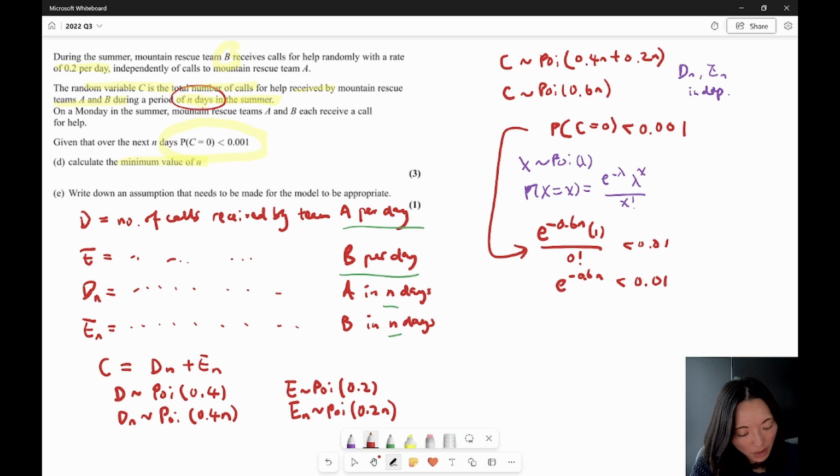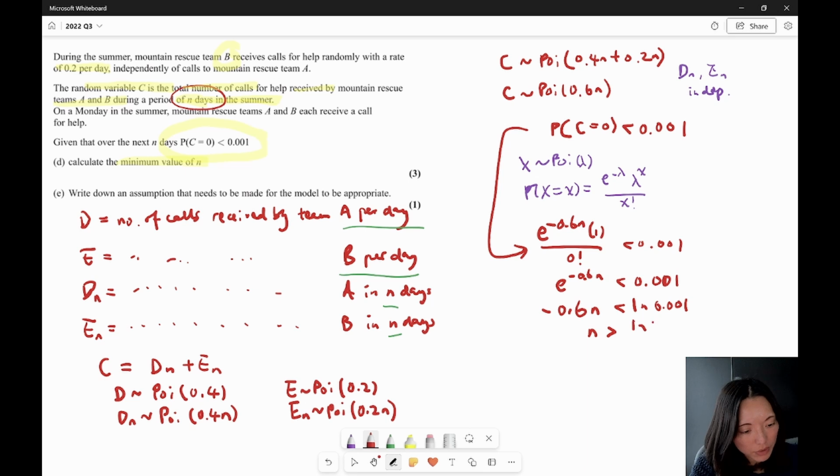Taking the natural log of both sides, minus 0.6n is less than the natural log of, oops, it should be 0.001, natural log of 0.001. And then dividing both sides by minus 0.6, and because we're dividing by a minus, we need to reverse the direction of the inequality sign.